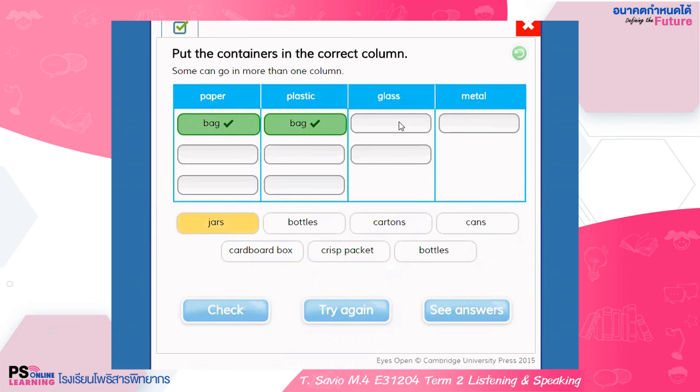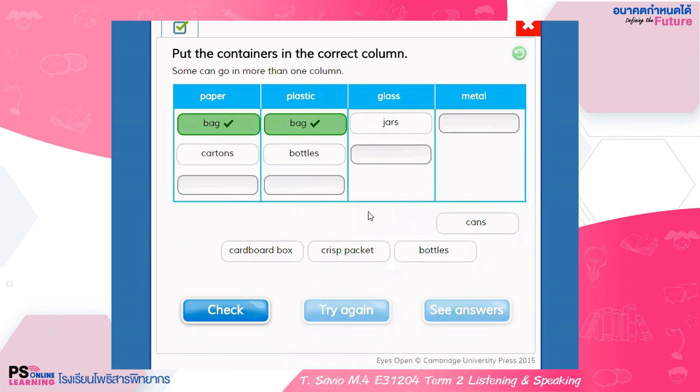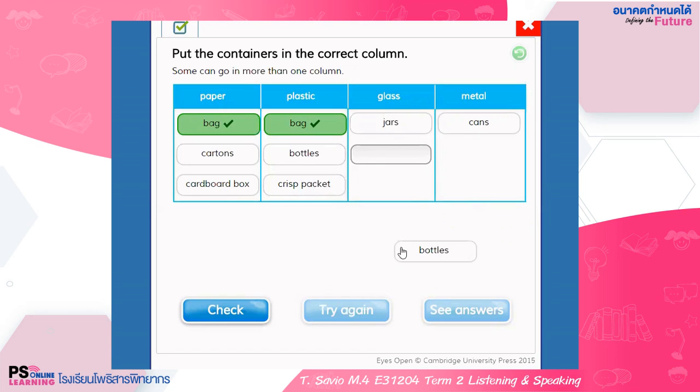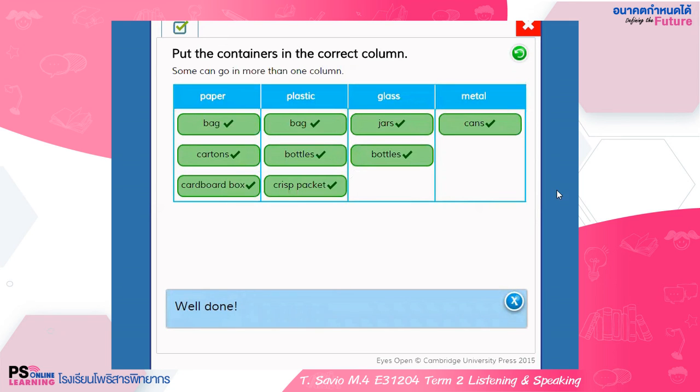Jars can be glass, bottles, plastic, cartons, paper, cans, metal, cardboard box, paper, crisp packet, plastic, bottles, glass. So bottles can be plastic or glass. Let's check our answers. Well done.